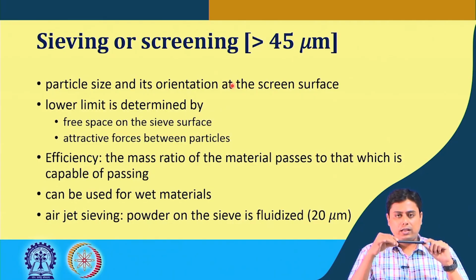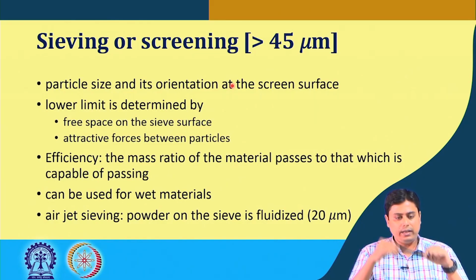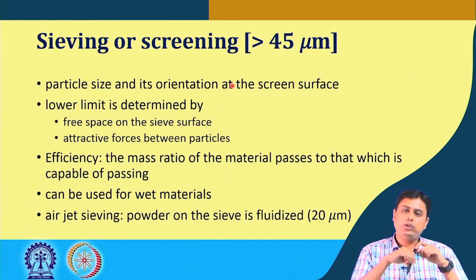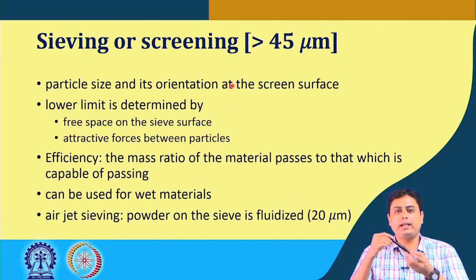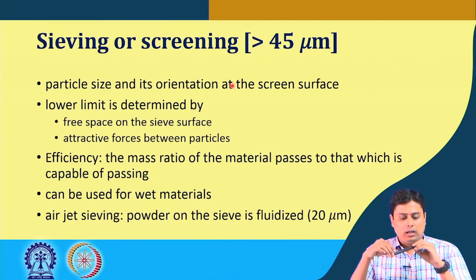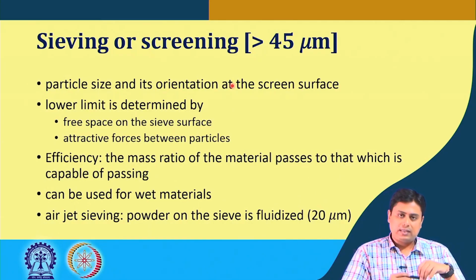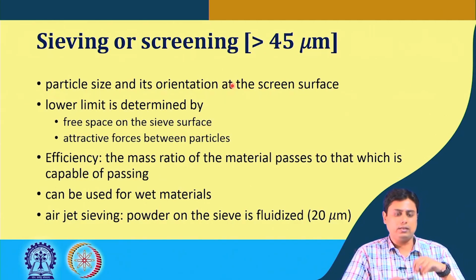So, the orientation in which it falls on the screen actually determines the efficiency of the screening, and definitely the particle size. Whatever passes through, we can understand that the dimension of those particles will definitely be lower than the aperture size. The lower limit of size separation by this process is eventually dictated by two mechanisms.